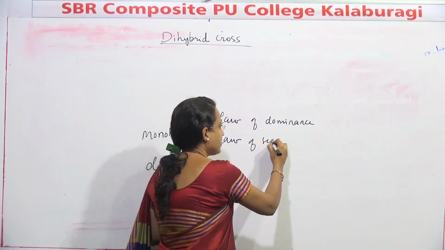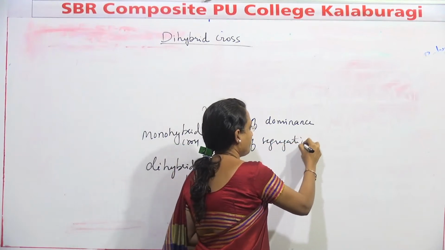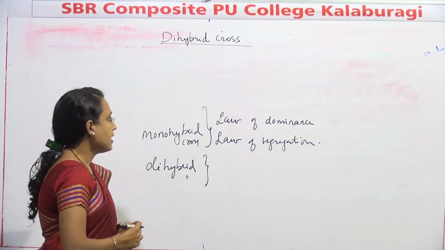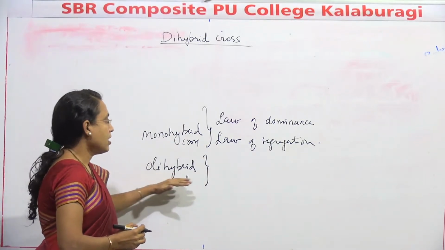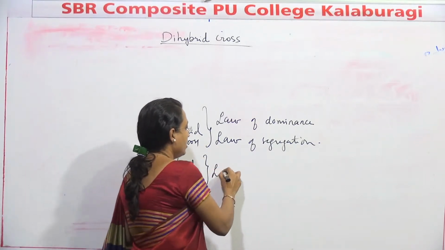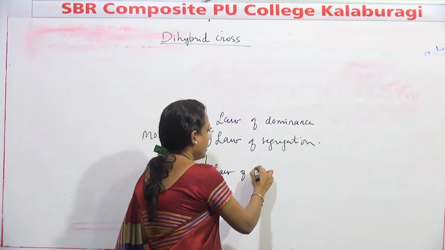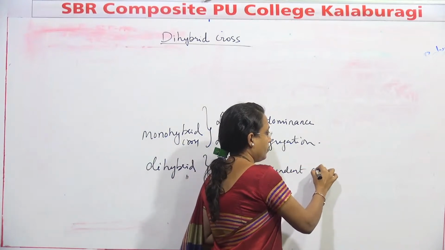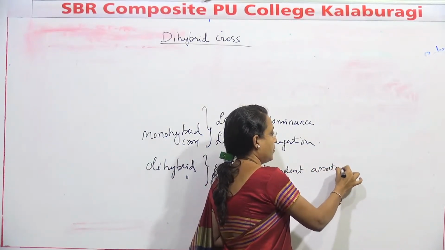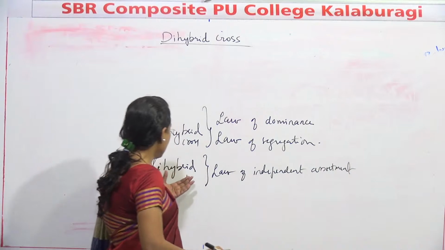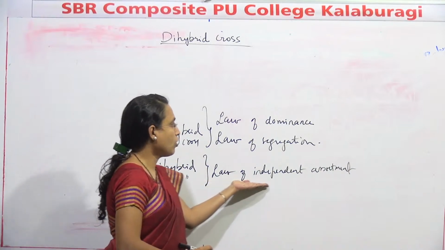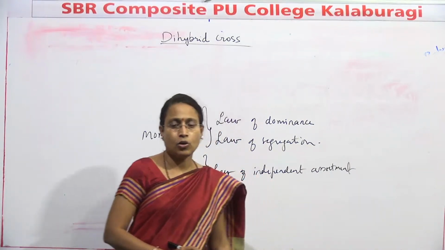So two laws were based on the monohybrid cross: the law of dominance and the law of segregation. Then the second is the dihybrid cross, with the help of which he was able to explain the law of independent assortment.